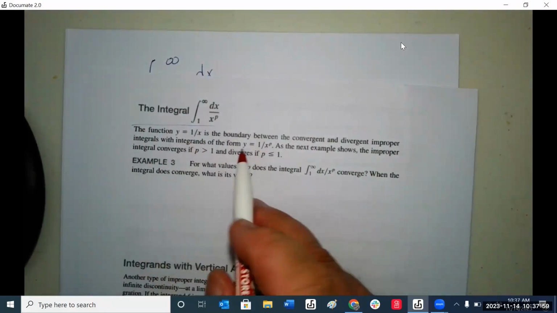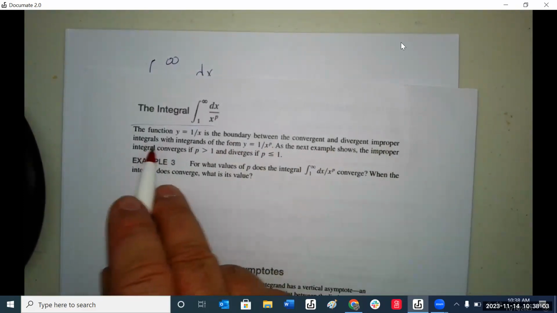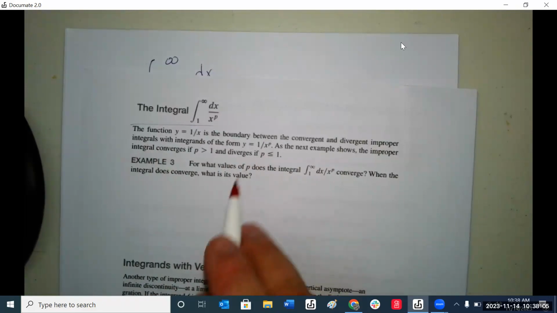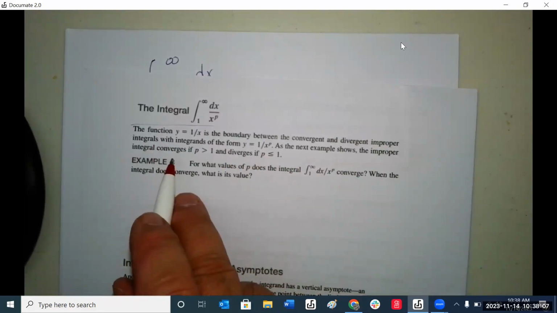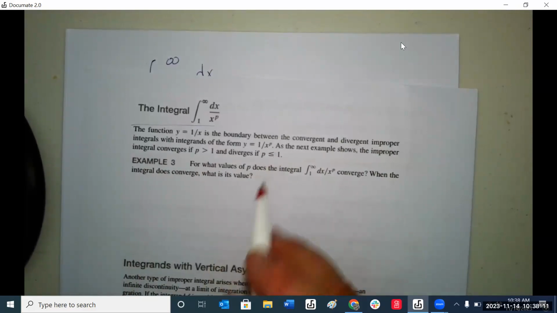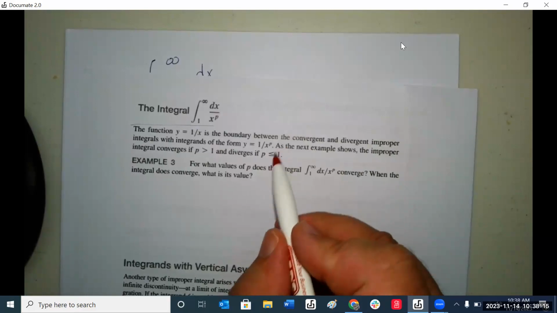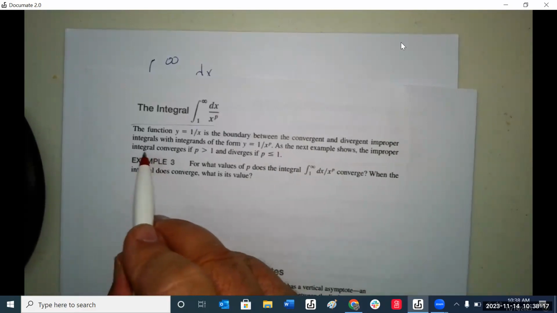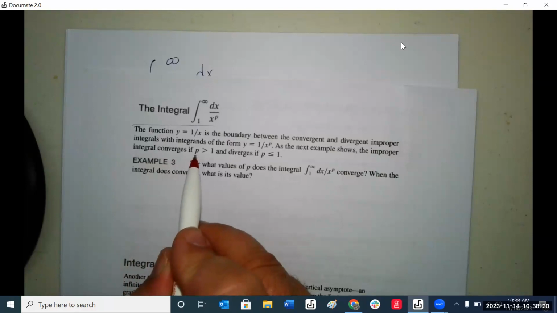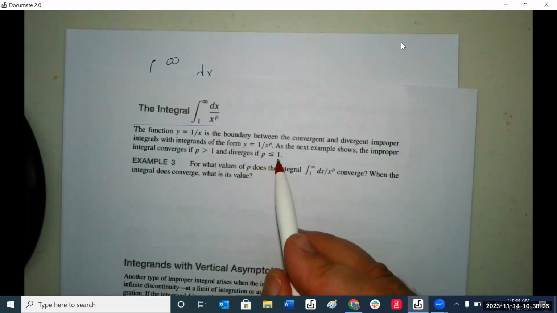The function 1 over x to the p is the boundary between convergent and divergent improper integrals. This one shows how the improper integral converges if p is greater than 1 and diverges if, as we just saw, it converges if our exponent is greater than 1 and diverges if it's less than or equal to 1.